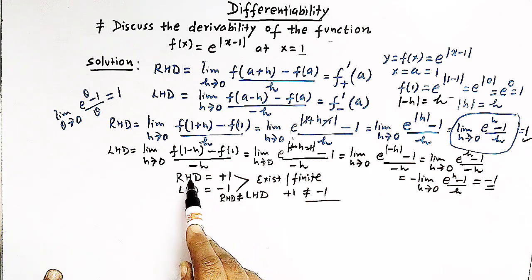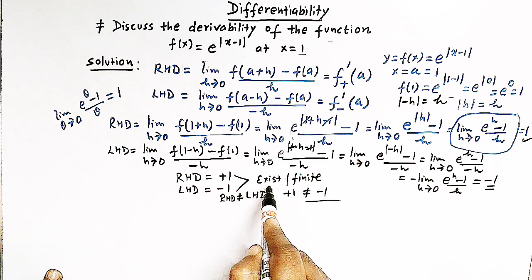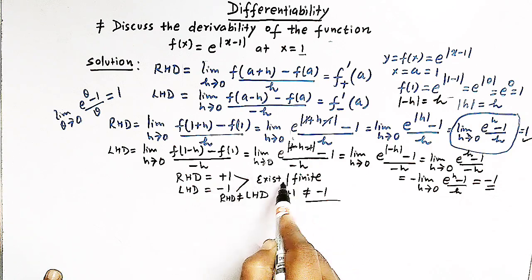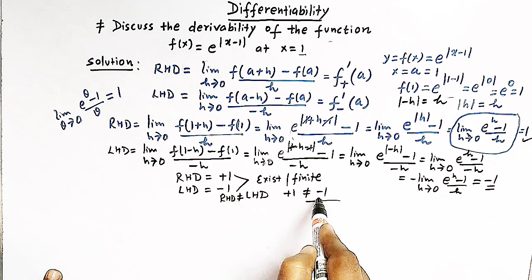So here we see that although the right hand derivative and left hand derivative exist and are finite, they are not equal, right? So 1 is not equal to minus 1.